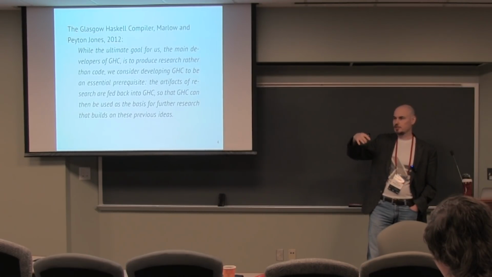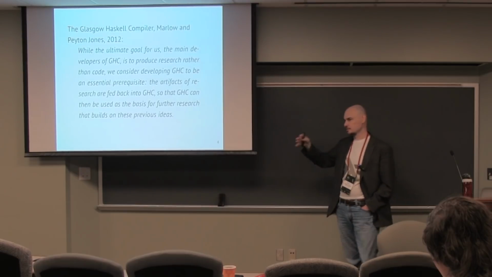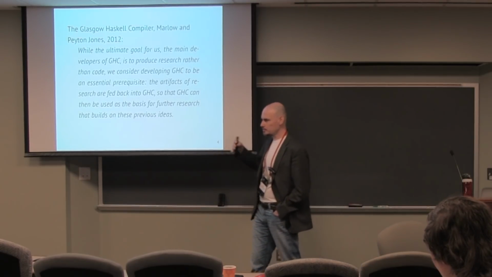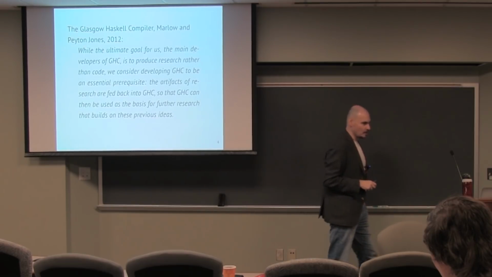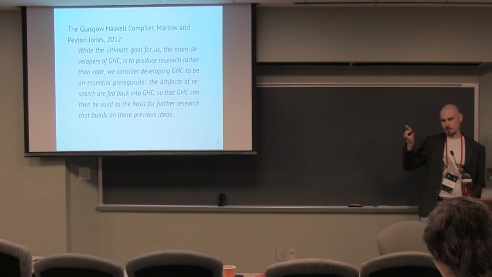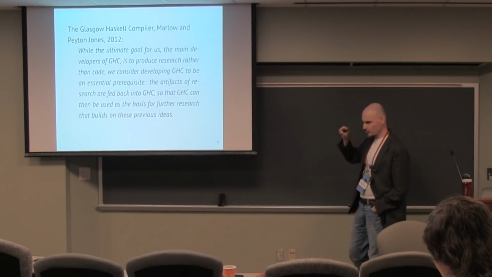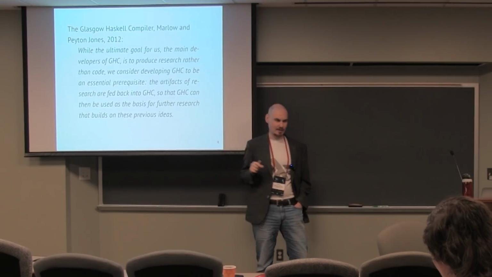There are many chapters in this book about different projects, like LLVM, the GNU compiler, and many others. And in this paper in 2012, Simon Marlow and Simon Peyton-Jones wrote this. It's a very important quote about the development of the Haskell compiler.